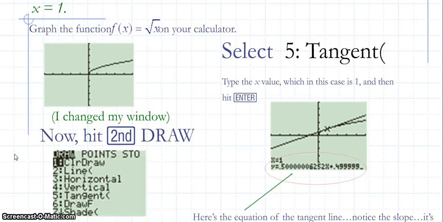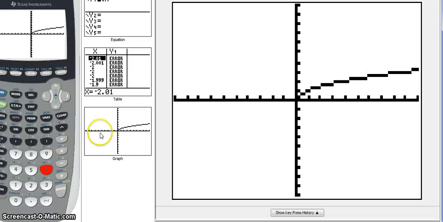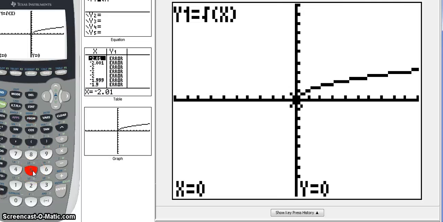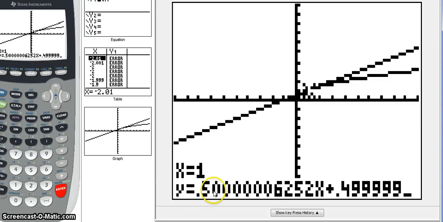You're going to do second draw, and so if I go back to my calculator, draw is right above the program button, so if I do second draw, I can see the fifth choice down is tangent. So if I select that, now I can put in the x value that I want to draw the tangent line at. So let's do 1. So if I type in 1 for x, and I hit enter, it draws the tangent line, and it also gives the equation of the tangent line.